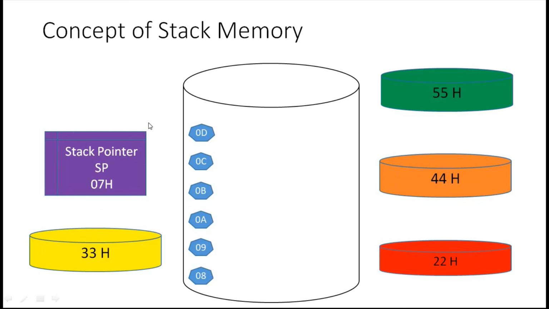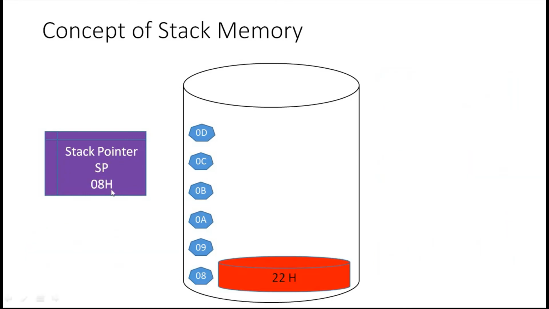So whenever you store onto the stack, whenever you perform the push operation, it always increments this SP by 1 and then puts the data. So when you increment the SP by 1, it will become 8 and the data will be stored at location number 8. See how your SP is incremented by 1 and the first data is at location number 8.